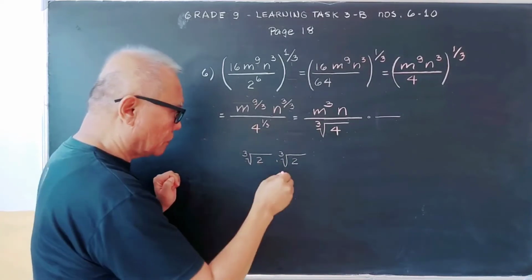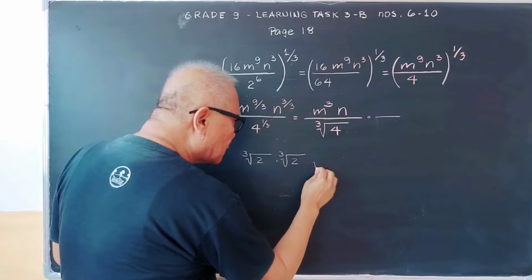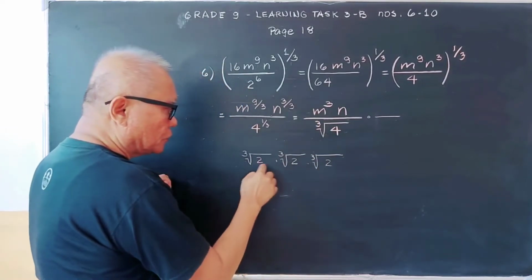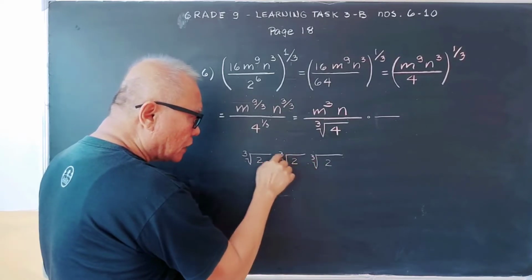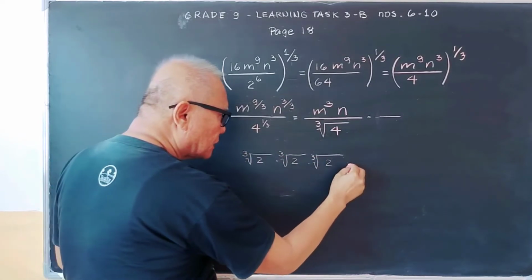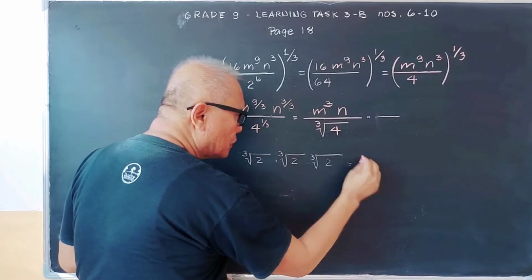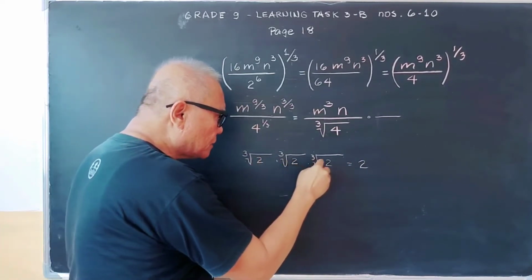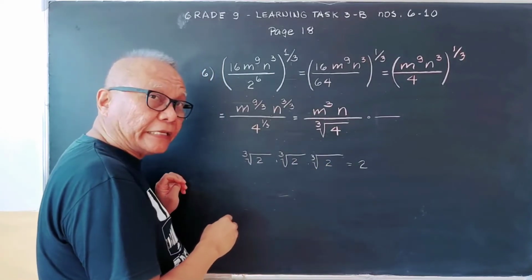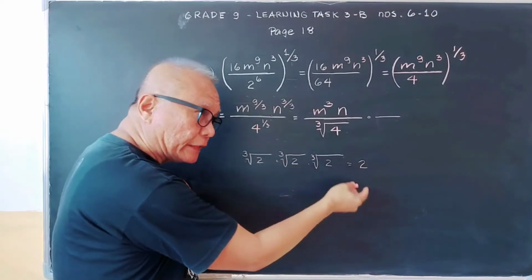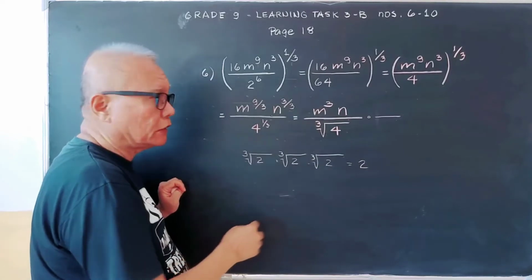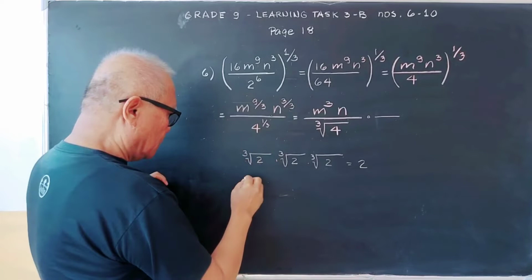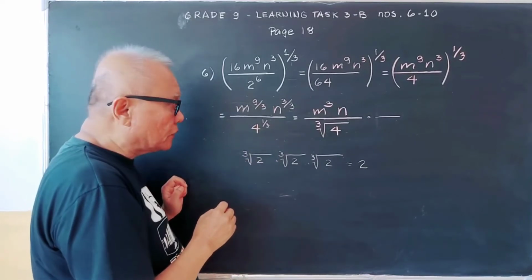Hindi. So, ita-times pa rin ito natin ng 2, 2, 2. Tatlo siya. Cube siya. So, ang answer natin dito is 2 na lang. Wala nang cube root. Because 2 times 2 times 2 is 8. 4 times 2, 8. Cube root of 8 is 2. Okay? Yun ang huwag niyong kalilimutan na principle.